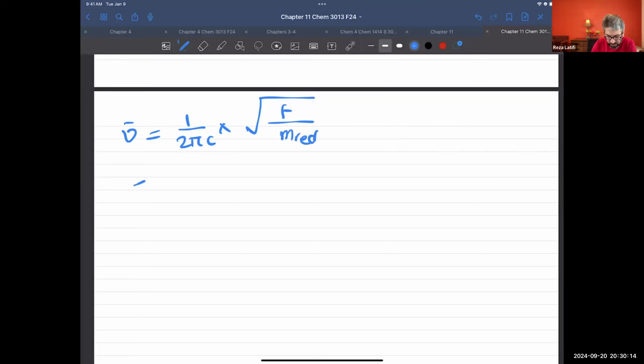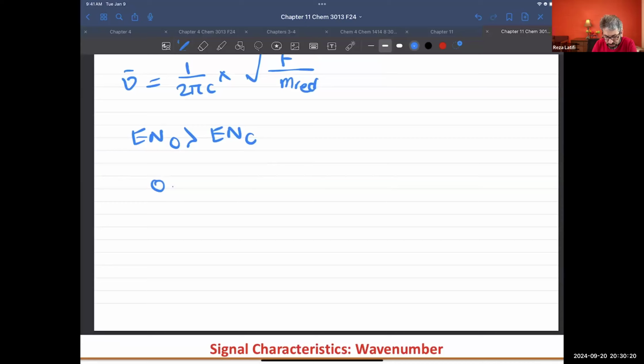And you might say the electronegativity of oxygen is higher than the electronegativity of carbon. So I expect the OH bond to be shorter than the CH bond. And that's true. That's true. The OH bond is shorter than the CH bond.